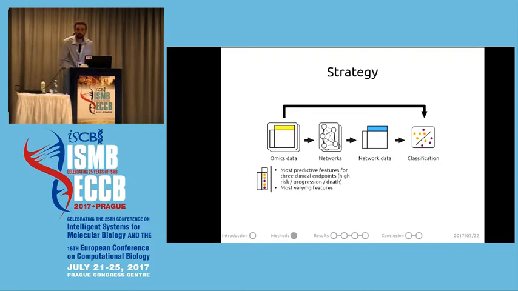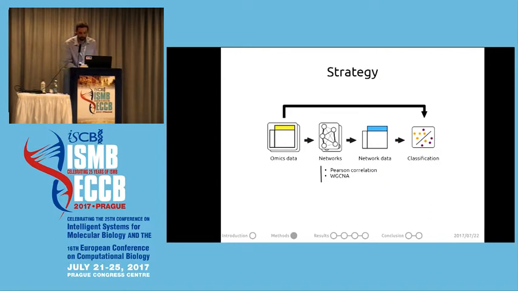The first thing we wanted to perform on the omics data is dimension reduction. So we selected the most predictive features for each omics dataset and for each of the clinical endpoints of interest. And as a kind of control, we also selected the most varying features, this time regardless of the clinical endpoint of interest. At this stage, the features that are selected can very well be used to train and test a classification model directly.